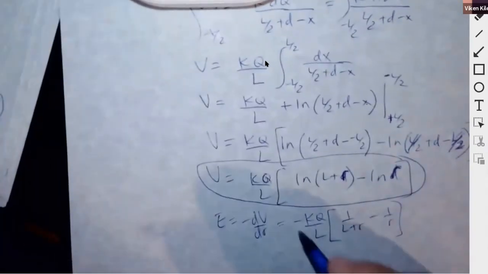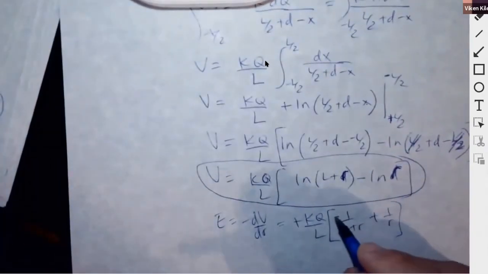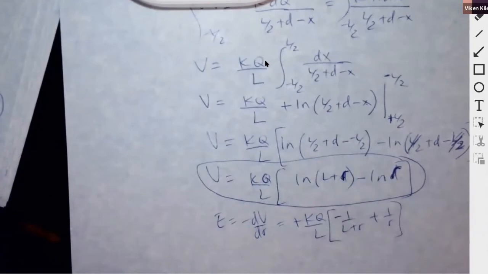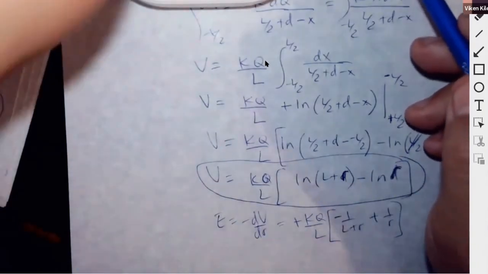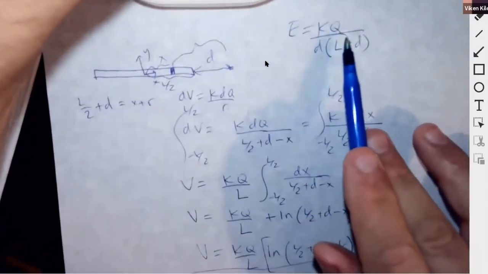And then this switches the sign, right? And then you can combine these. What should happen? Well, the final answer should be giving you the equation that we have for the electric field, this one.